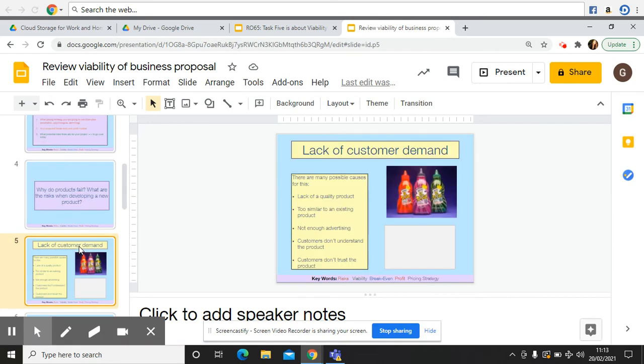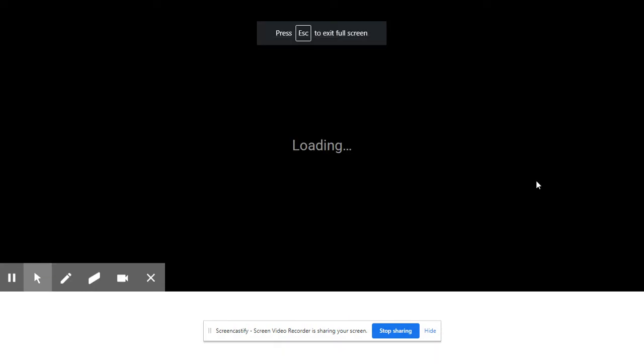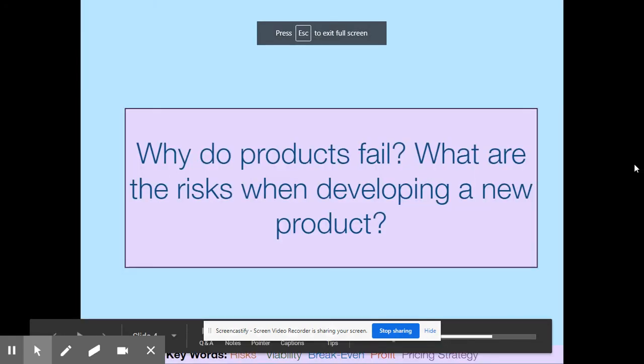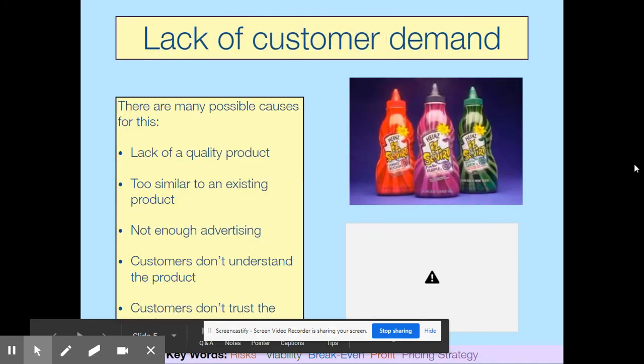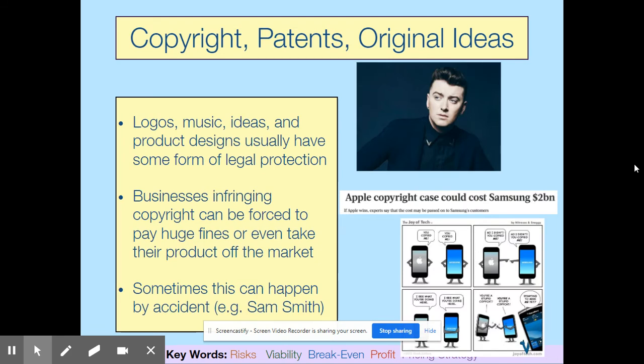Literally what you've got to do is have a look at what might be the things that could make your product fail. There are a number of risks involved that could make your product fail, and these could be a lack of demand, overspending on budget, losing money or investment, copyrights, patents, original ideas, and so on.